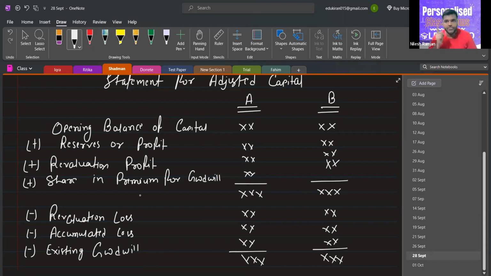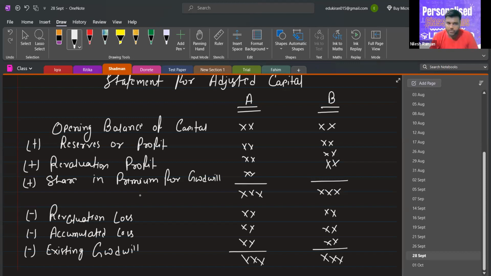We have done reserve, accumulated profit or loss. For that, there was some specific ratio that you have already written in your notebook. I also taught you revaluation, and also the goodwill. So we have to do all the adjustments according to the concept given related to that topic.